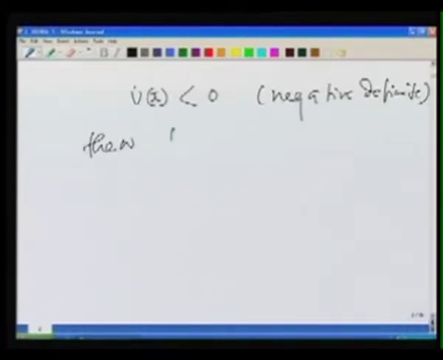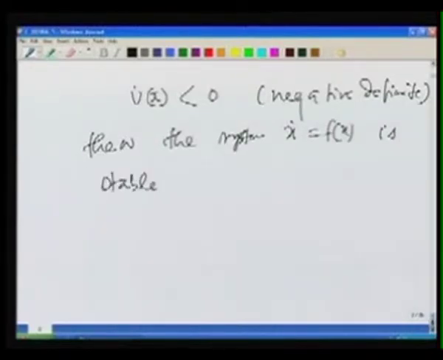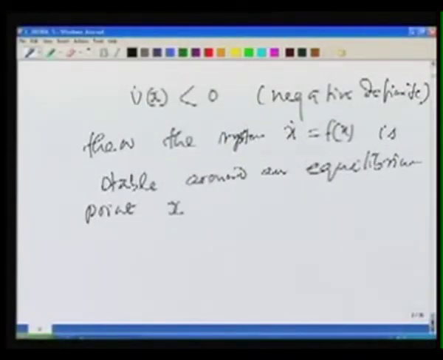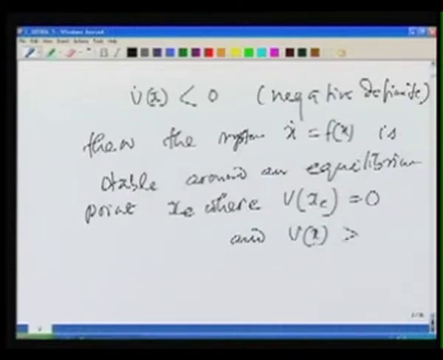Then the system x dot equal to f x is stable around an equilibrium point x e, where V x e is 0 and V x is greater than 0 otherwise. So, this is the summary of the last class.